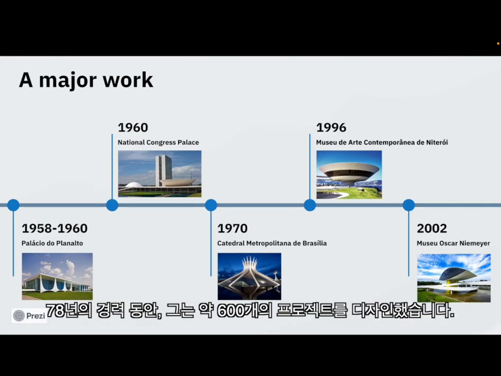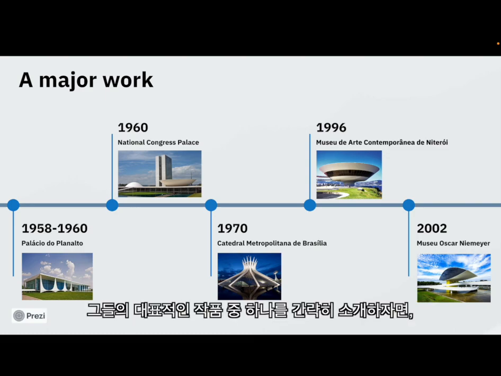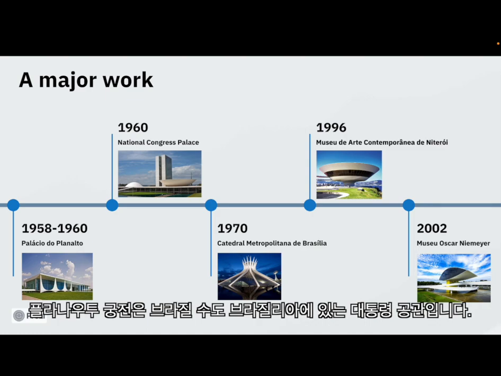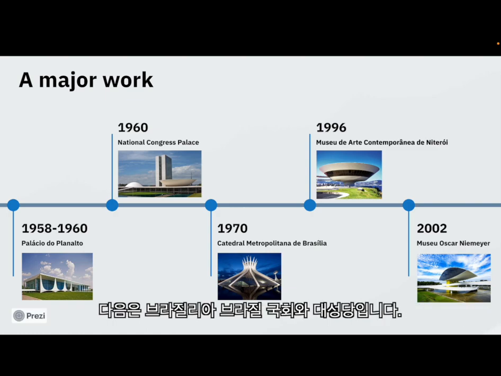In a 70-year career, he designed about 600 projects. To briefly introduce some of his represented works, the Palace of Planalto is the presidential residence in Brasilia, the capital of Brazil.